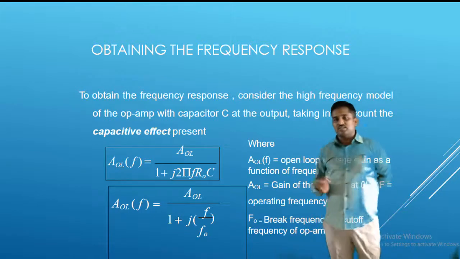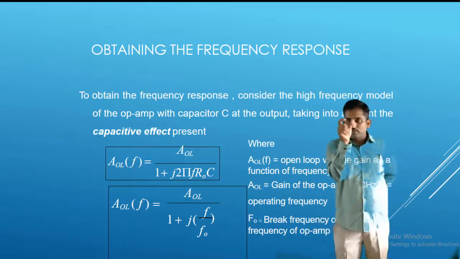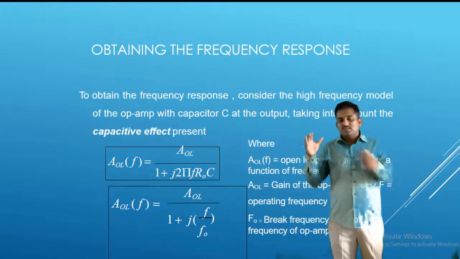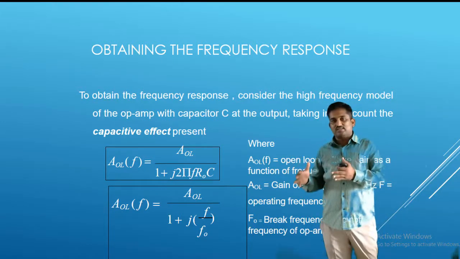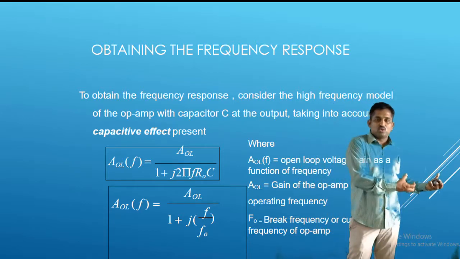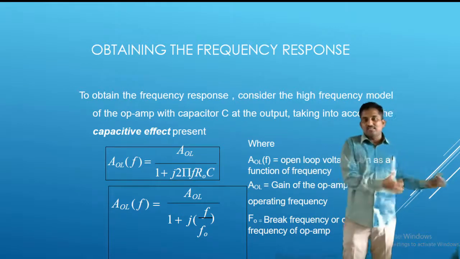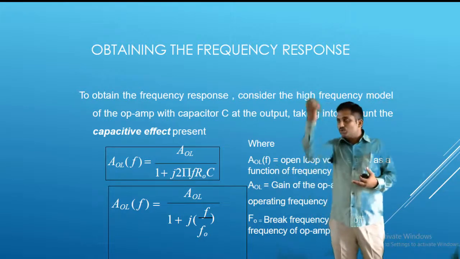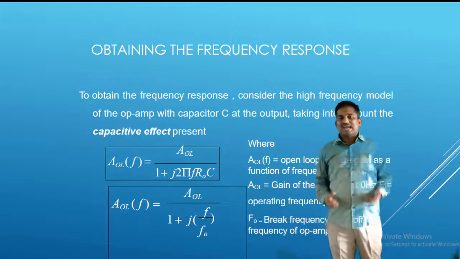Because of the capacitive component present in the op-amps, and this capacitive reactance doesn't show its effect when the frequency is low. Whereas when the frequency increases, it shows reduced reactance.